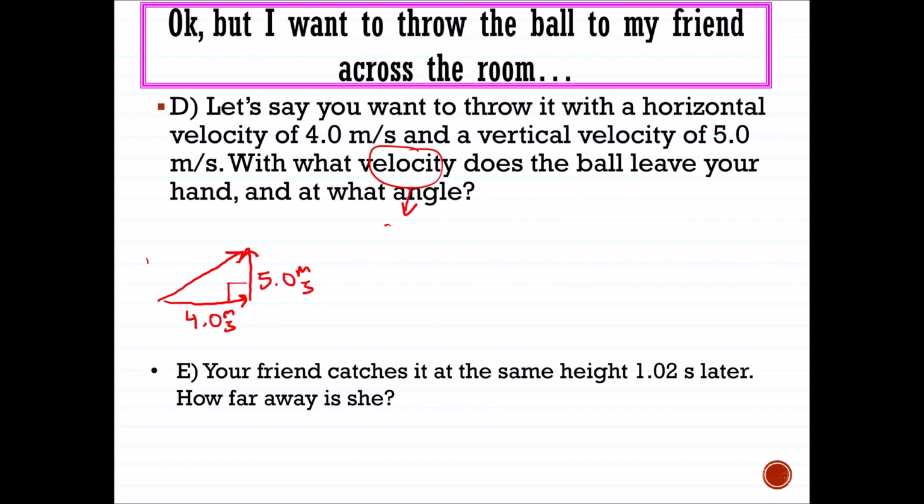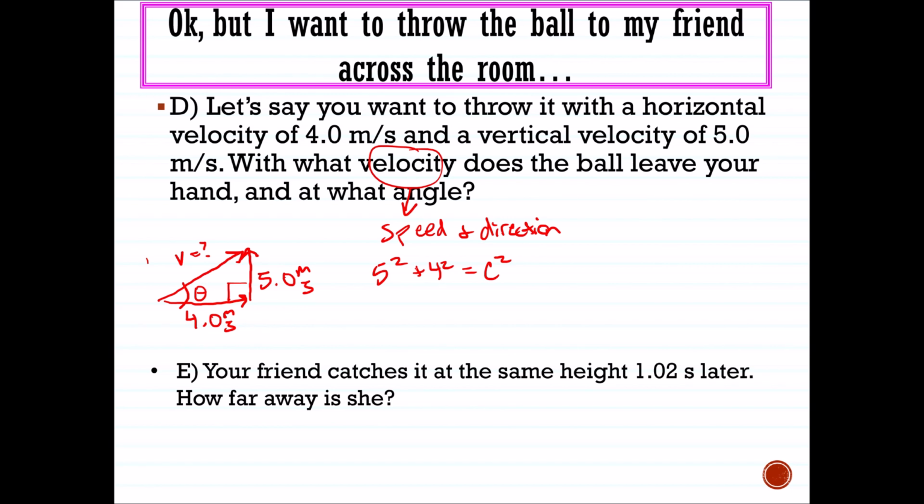So velocity has two parts, speed and direction. The direction in this case will be the angle. So this is launch velocity, this question mark. So you use the Pythagorean theorem to solve for the hypotenuse of this triangle we just drew. 5 squared plus 4 squared is going to equal c squared.